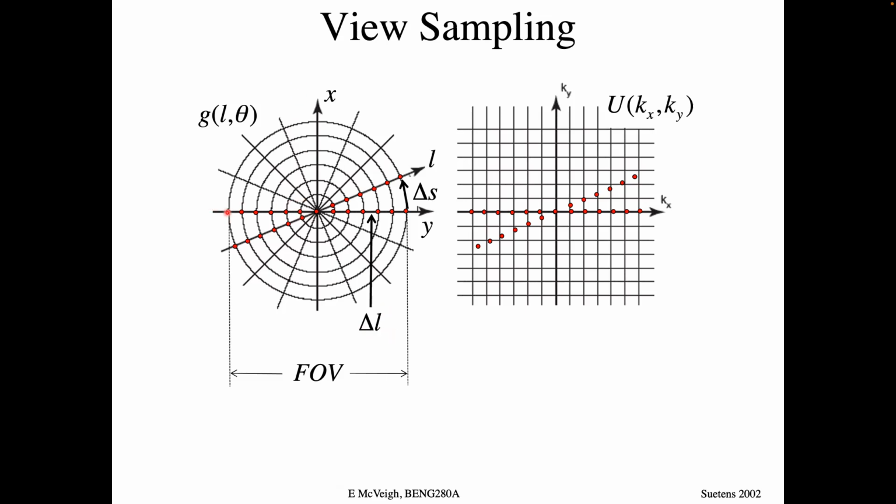Say this is the vertical projection, and I have a distance between each sample of delta L. When I decide on my delta theta, which is effectively deciding on the number of views, the number of projections that we're going to take, we can see as we go farther out in our field of view, the distance between the samples starts to become greater than the distance between the samples along the delta L direction.